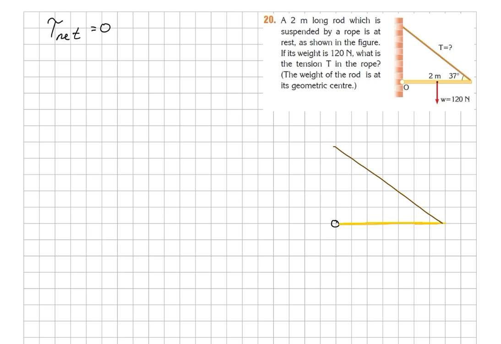Now we need to show how many torques there are in this question. For it, we need to show how many forces there are firstly.